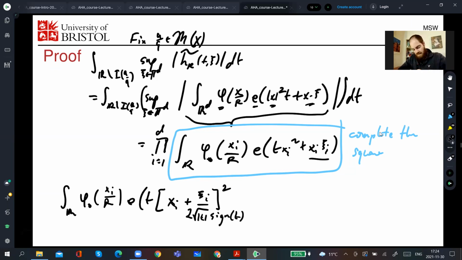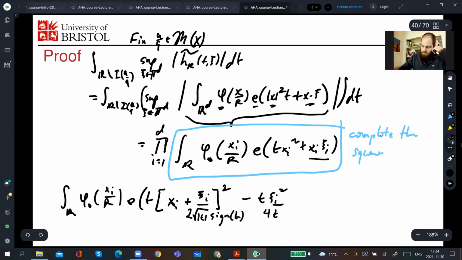All right, and then minus, of course, t xi squared over 4t. That's just completing the square there. I should have said this is an integral over d xi.